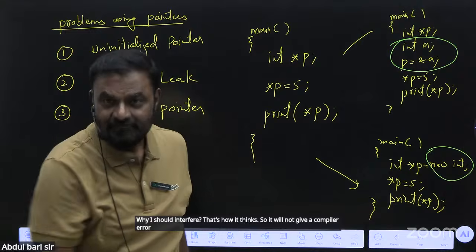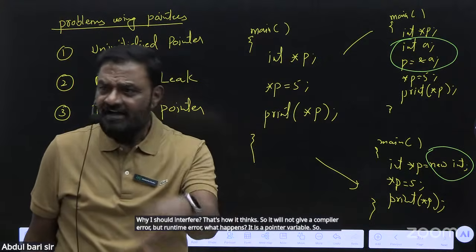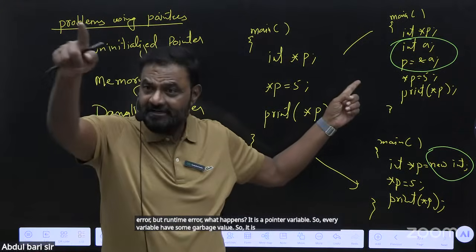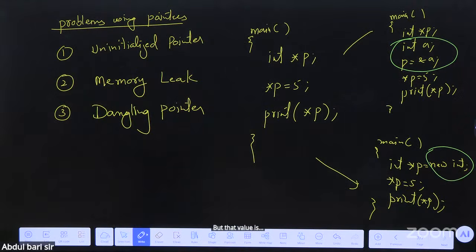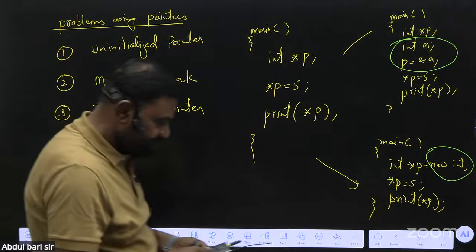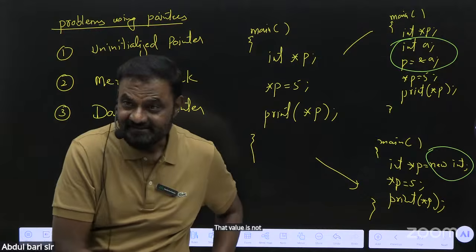But runtime error, what happens? It is a pointer variable. So every variable has some garbage value. So it is also having some garbage value, but that value is not data, that is an address.